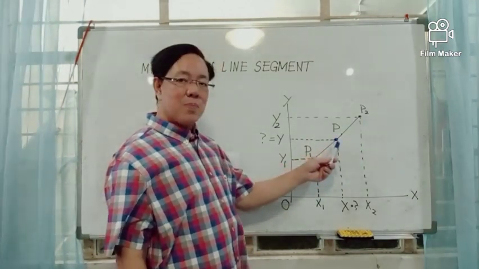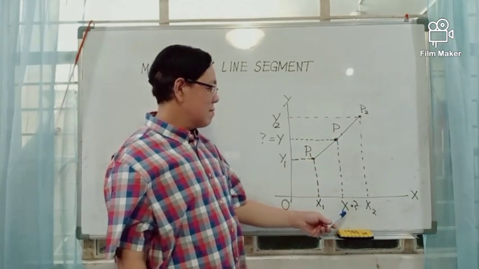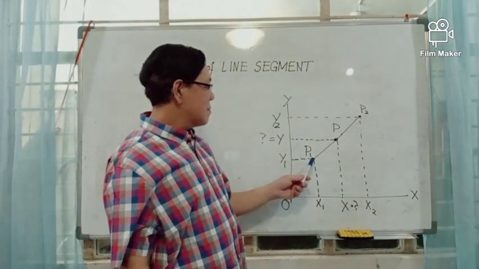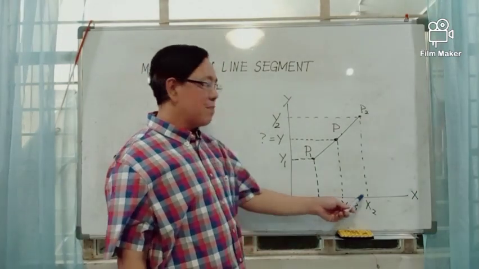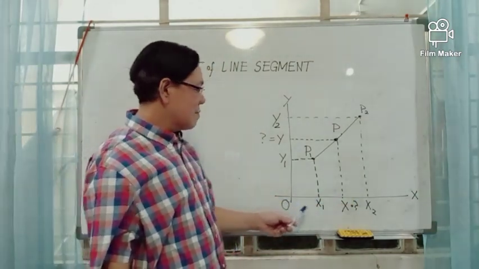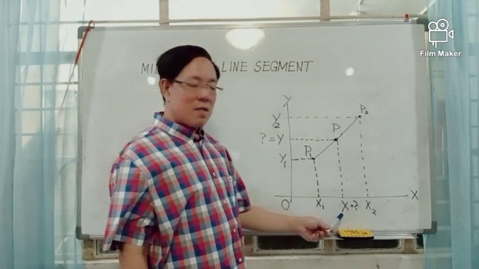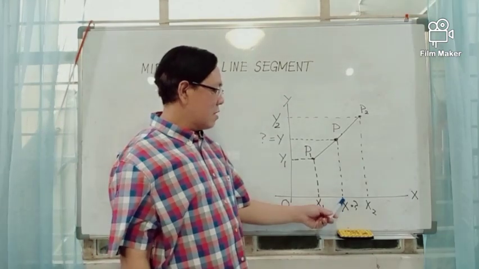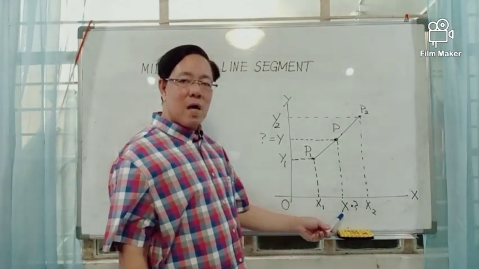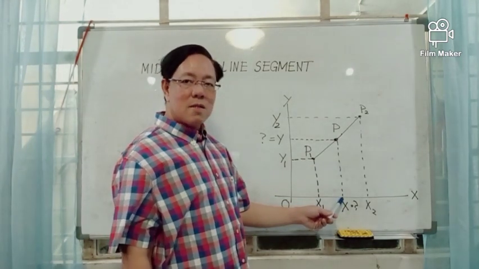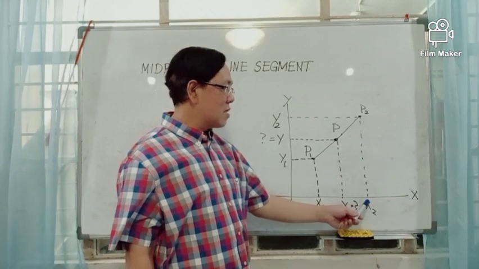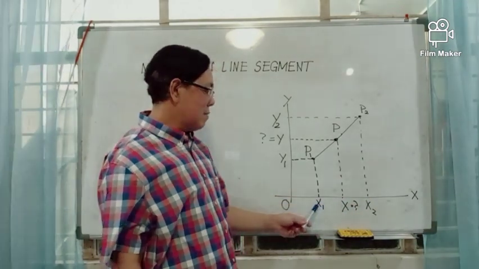The coordinates of P also divide the distance between the coordinates of P1 and P2 from the origin. We start with X. You can see that X is the abscissa of the midpoint P, and it is halfway between the abscissas of P2 and P1.